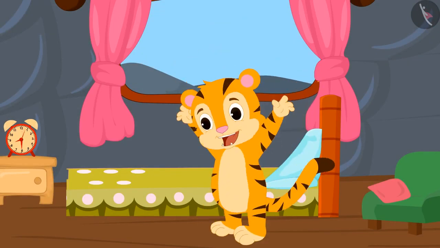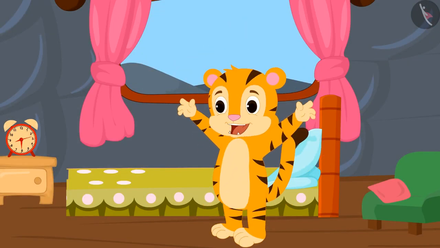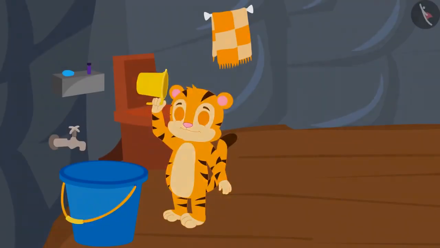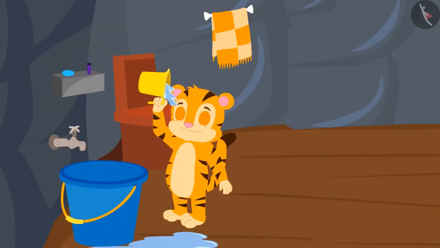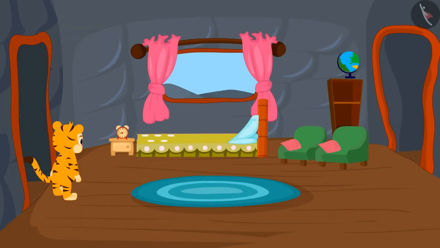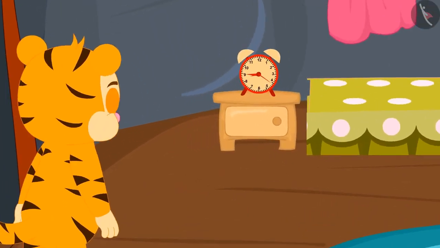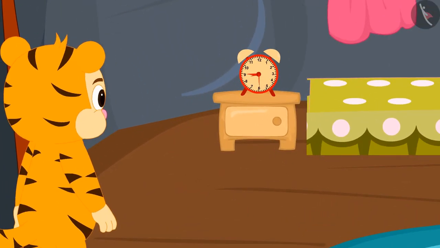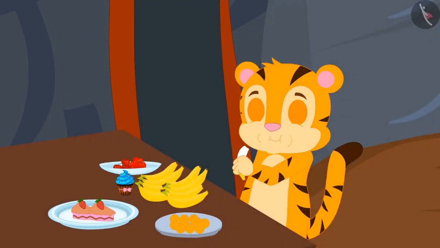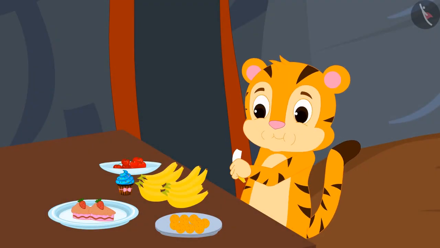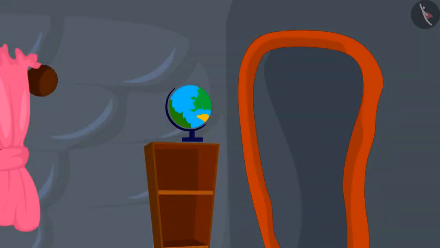Today, Sher Khan also finished brushing his teeth and bathing in just 30 minutes. It takes him at least an hour to do these everyday tasks. Today, Sher Khan had breakfast in minutes and went to school.